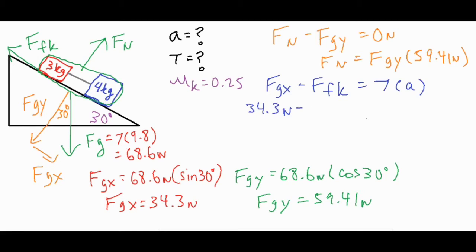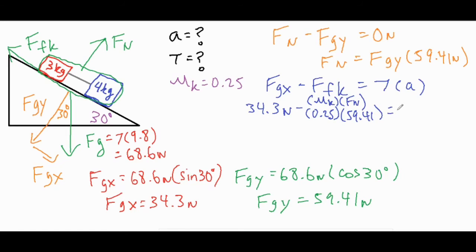And then for the kinetic friction, it is mu times normal force for the formula. So we're going to take our mu and take our normal force and find the product of those two. Our mu is 0.25, the coefficient of kinetic friction that we got earlier in purple. And then we know our Fn is 59.41 that we got a little bit earlier too.